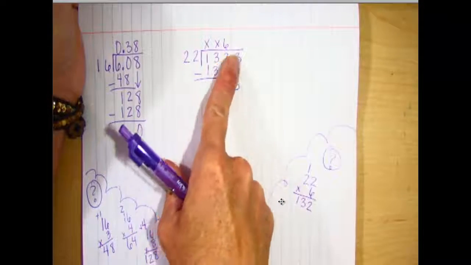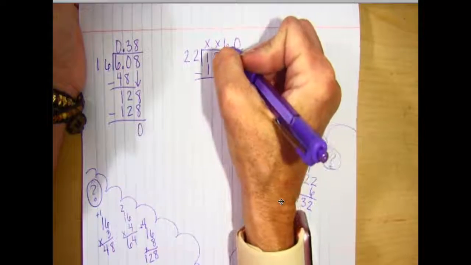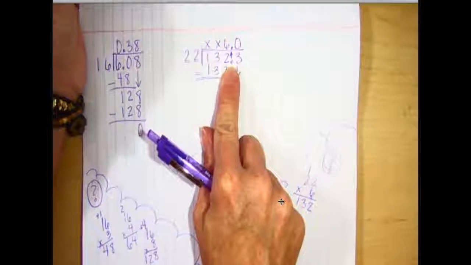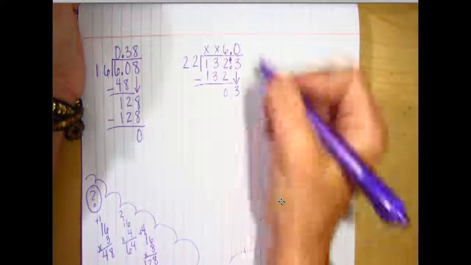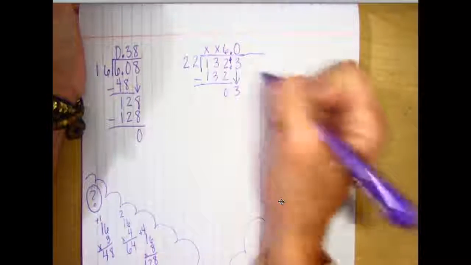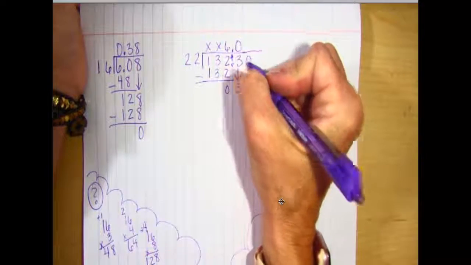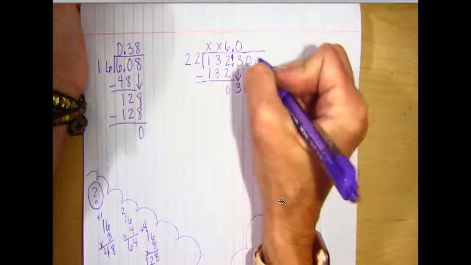No. What do I have to put on the top? A 0, because I can't do it. And I'm going to go ahead and add the decimal. Remember, our decimal just shoots straight up to the roof. Now, because we don't use remainders anymore, those are for 4th graders, I'm going to add a 0 and put a 30 here. I can make zeros here, trailing zeros out to the edge of the paper.